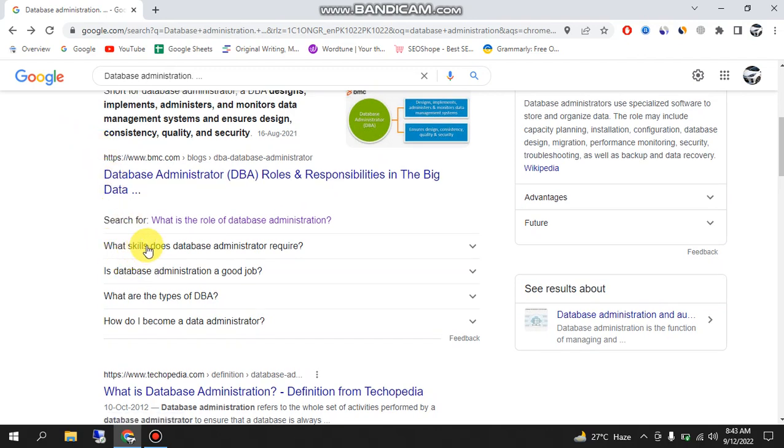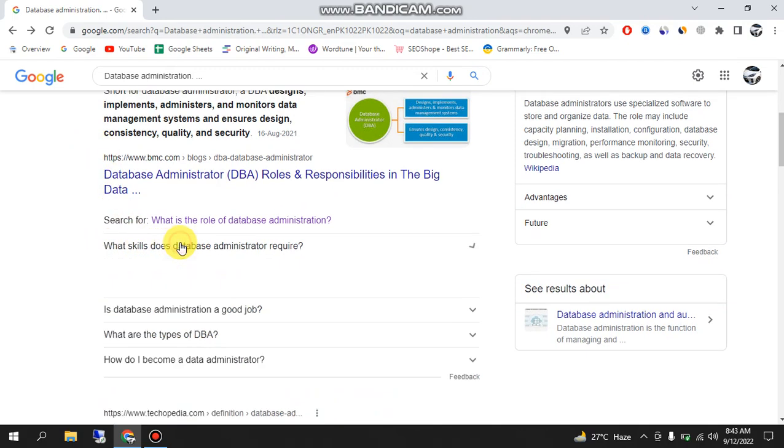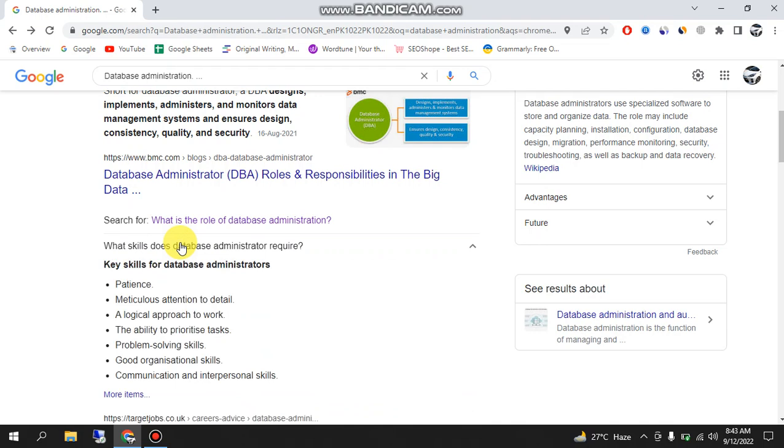What skills does a database administrator require? Many types of skills are required for a database administrator. So let's start. Number one, patience. Number two, mutual attention to detail.